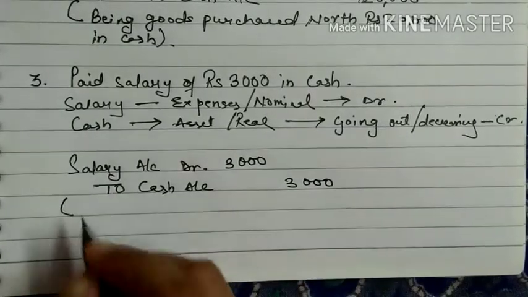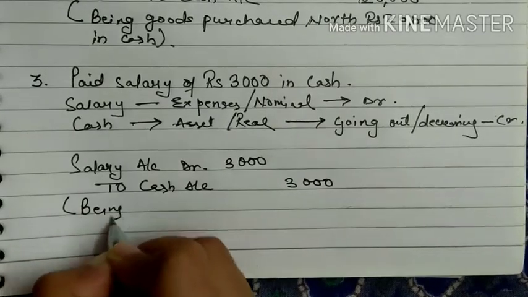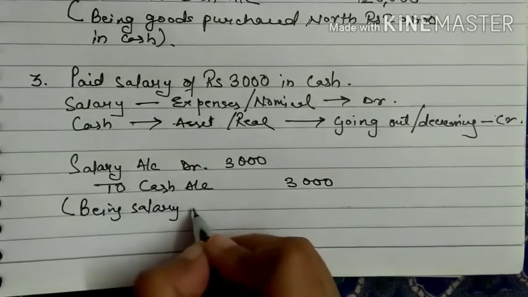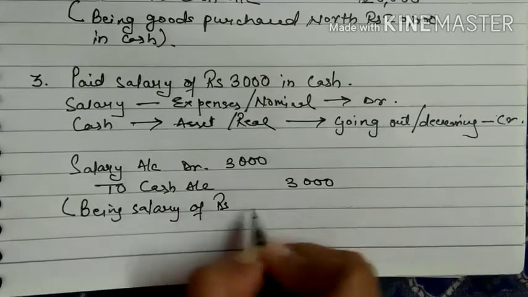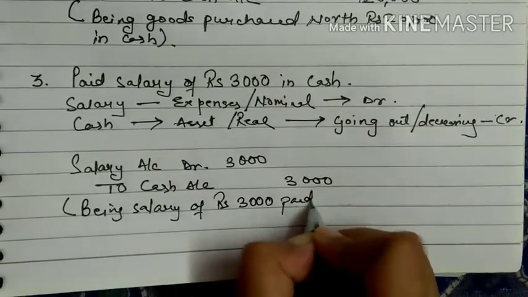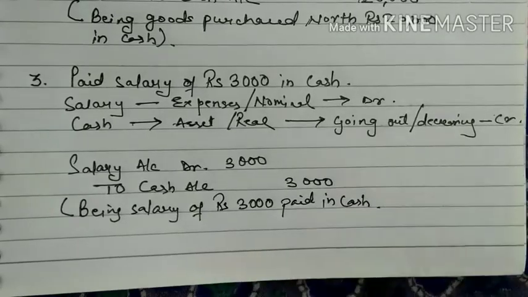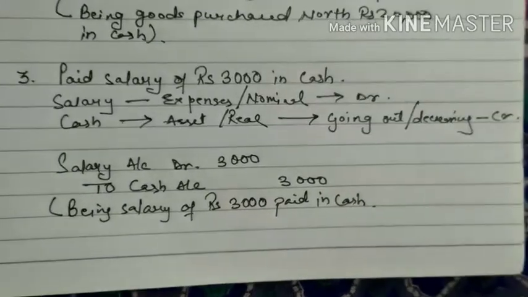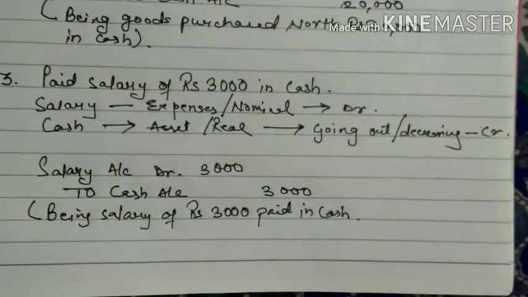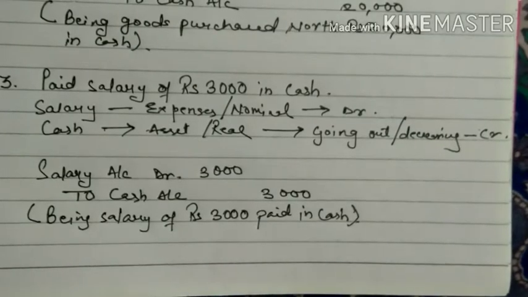I'll write the narration as being salary of rupees 3,000 paid in cash. Okay, this is how you need to form the journal entry.